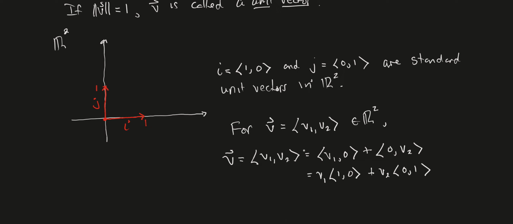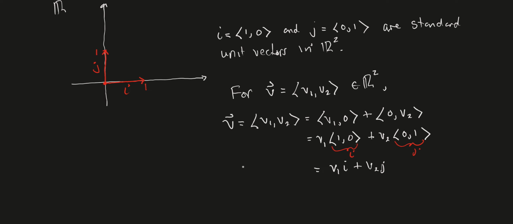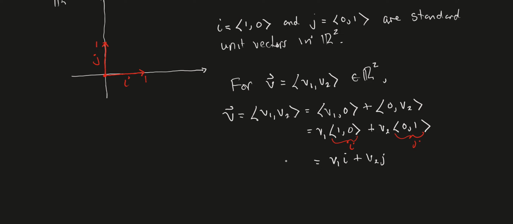This is your I, right? So this is I and this is J. So we can express the vectors in the component form using the angle brackets separated by a comma, or we can express it in this other form where it's V1 times I plus V2 times J, right? So now we have an alternative form of representing vectors. So for instance, again, just an example.